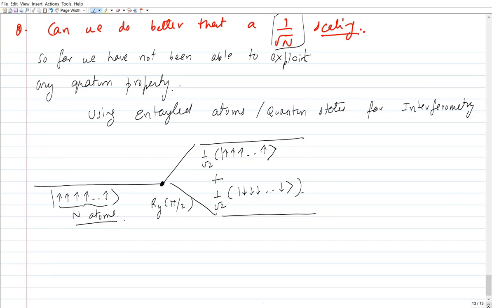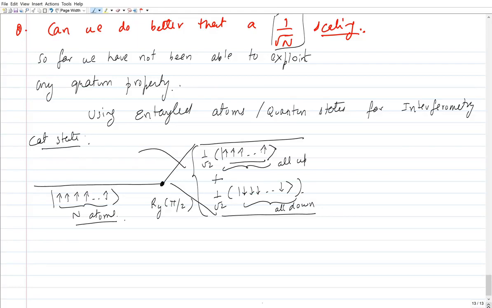Notice this state cannot be written as a product state. The Schmidt number is 2, and it's an equal superposition of all up and all down. This state popularly is also called the Schrodinger's cat state. Either the cat is alive or the cat is dead.